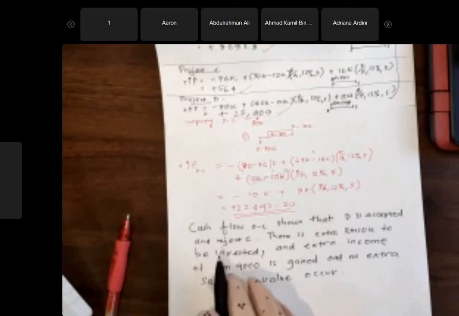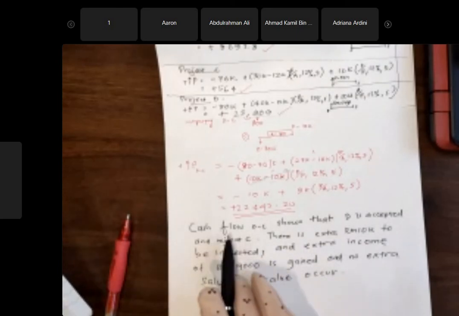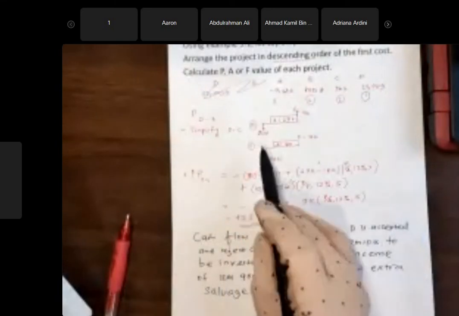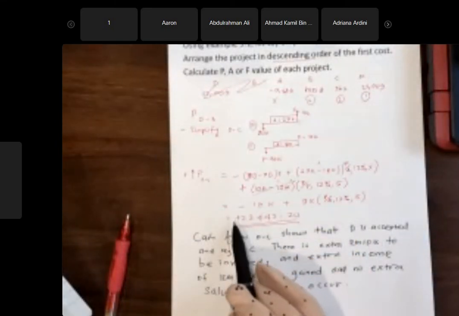Where does this come from? Cash flow D minus C shows that D is accepted. After you do the calculation, you can see D and C, and after you calculate, the answer is positive.